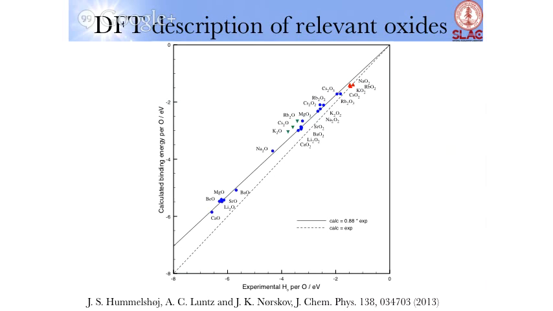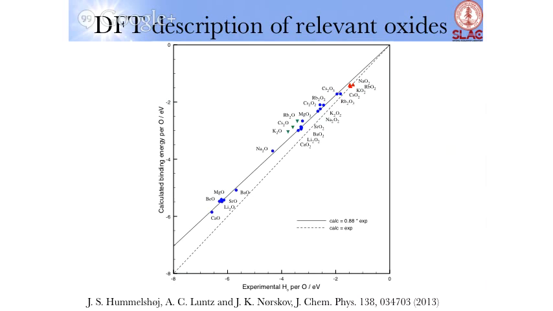And this would be the y equals x line when you have perfect agreement between theory and experiment. And there's a slope of about 0.9. But at least what this shows is that there are reasonable trends that one can extract when we try and study these oxides and superoxides.